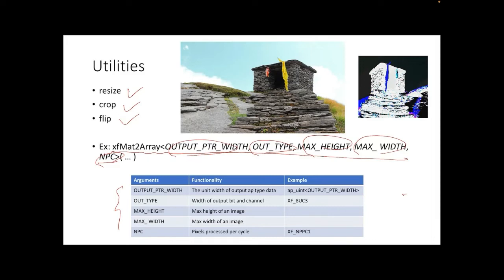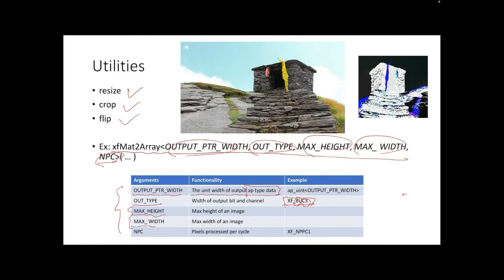For example, we might need to specify the output PTR width, that is the unit width of the output AP type data, and also the output type. Output type means, for example, a typical pixel: we have 3 channels, each channel is 8-bit, and U is unsigned. We also need to specify the max height and max width of the image.